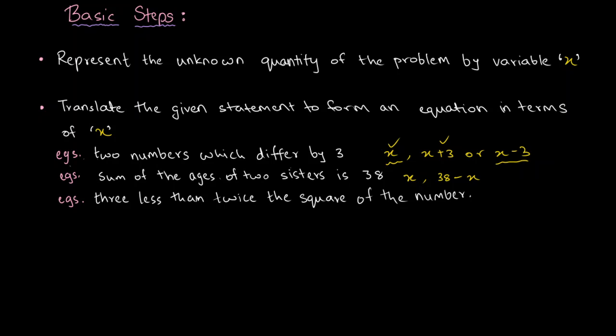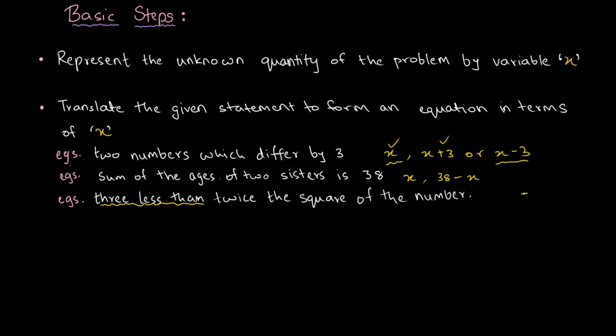What if I have something like this? A certain number is 3 less than twice the square of that given number. 3 less than twice the square. So let's break up this big sentence into small parts. It says 3 less than. Now, less than means it has to be subtracted, and you're subtracting 3, because it's 3 less than.